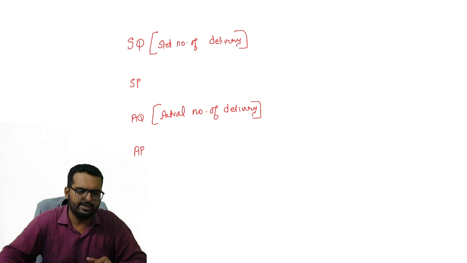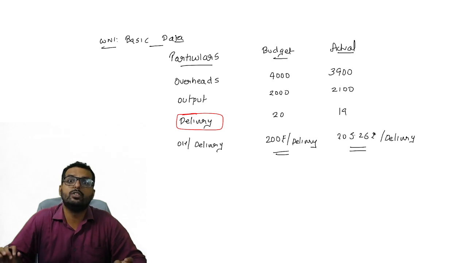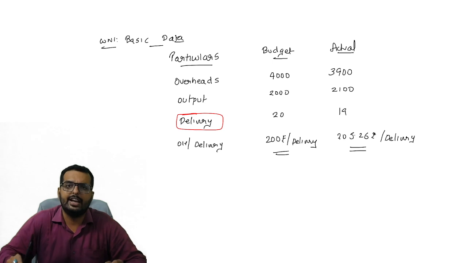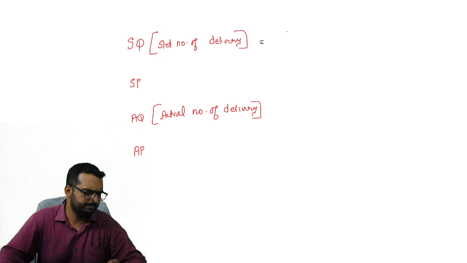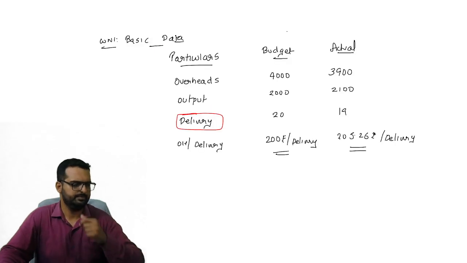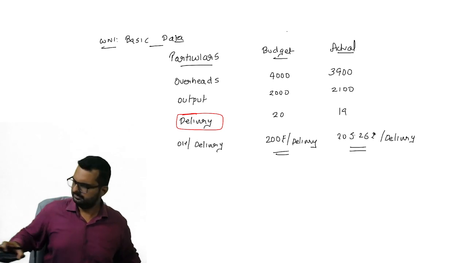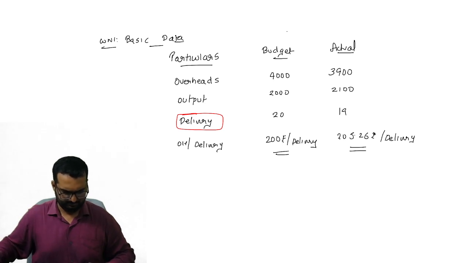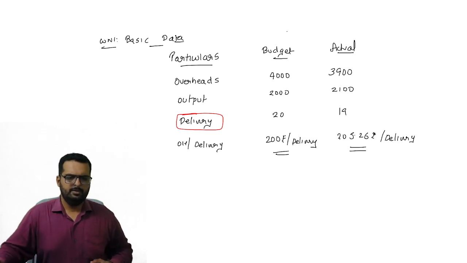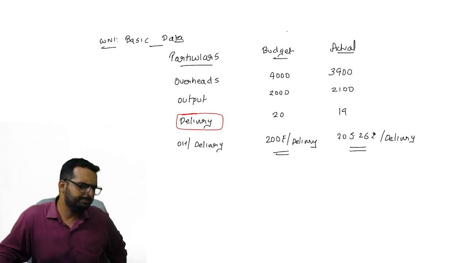Okay. So friends, now here, look at this question. Keep that rule in your mind. SQ is based on actual output. Keeping that rule, can you tell me what will be the SQ over here? 2000 is the number of output, Swapna?